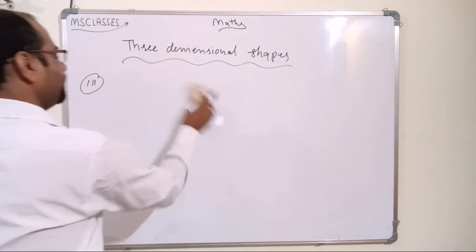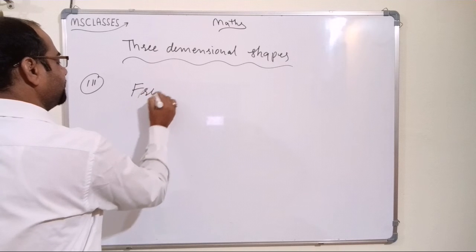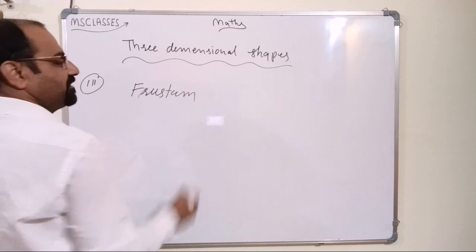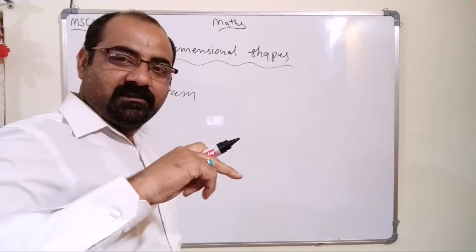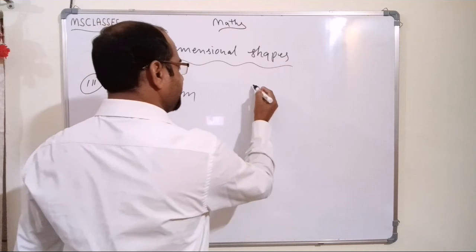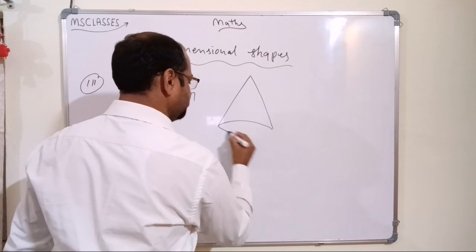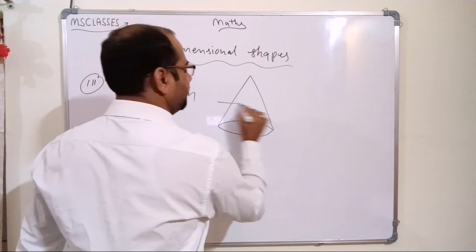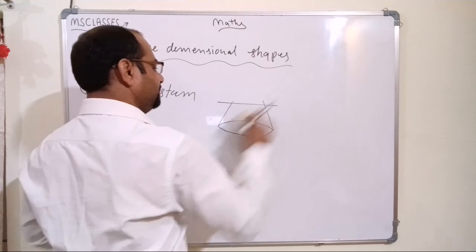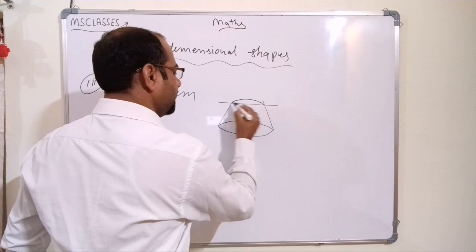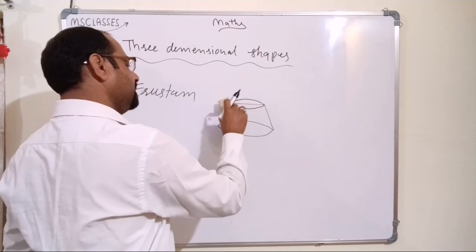Okay. After that, we have a frustum. Frustum: when we cut a cone from the center parallel to the base, if we have a cone and we cut it from here, then we have a part of the cone, and this is the frustum.